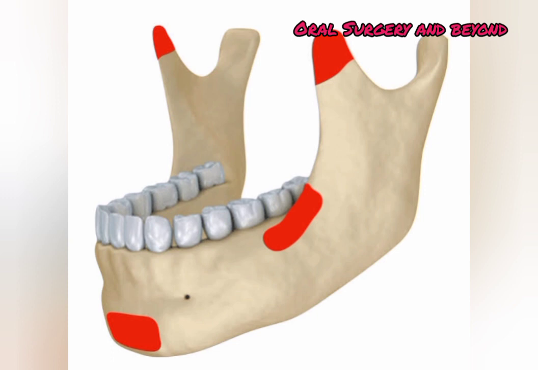In the oral cavity, we take autologous bone graft mostly from the mandible. These are the main points from where we take the autologous bone graft: the symphysis menti, the anterior border of the ramus, the lateral cortical side of the second and third molar region, and the coronoid process.